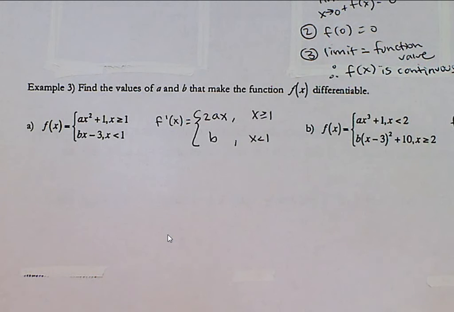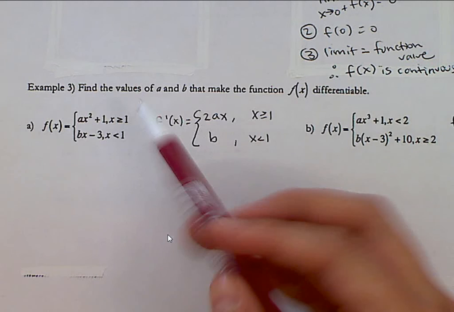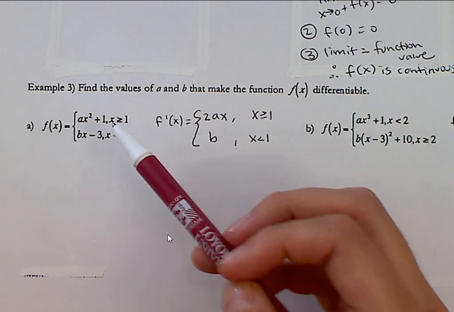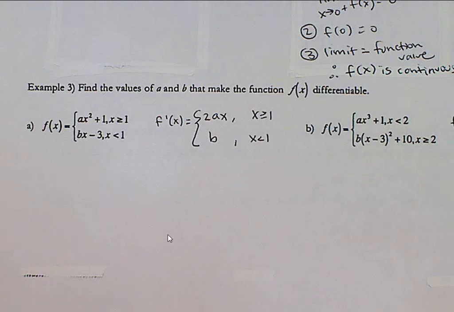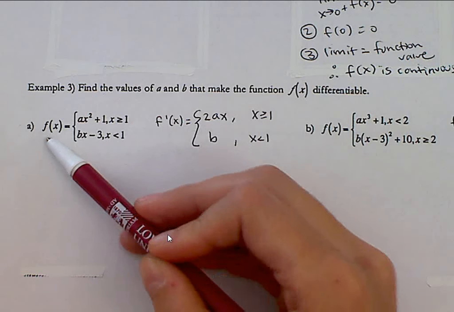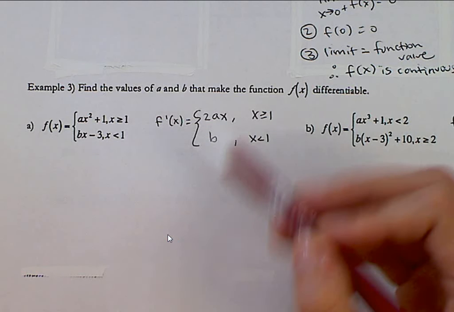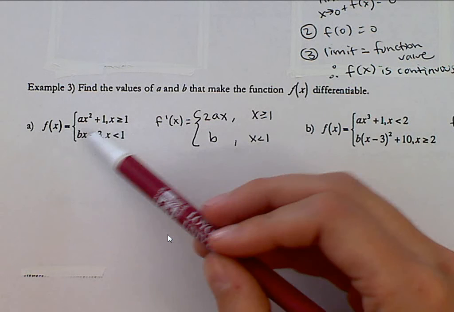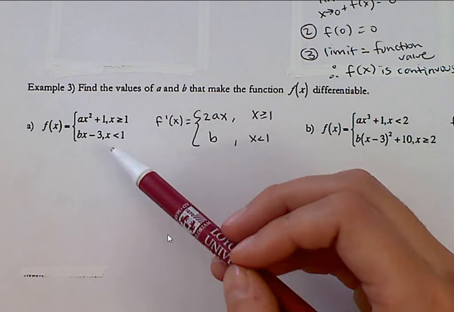So this is one of the problems where we have variables, a and b, and we need to figure out the variables that will make f of x differentiable. So essentially, we need to look at f as well as f prime, just like we did in the previous problems. And since I have two variables and two functions, let's write that down.